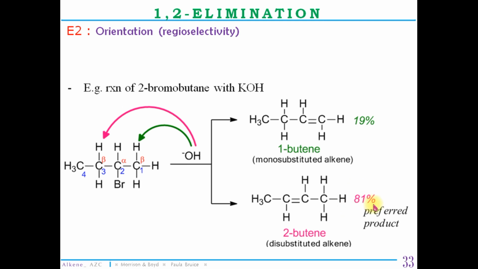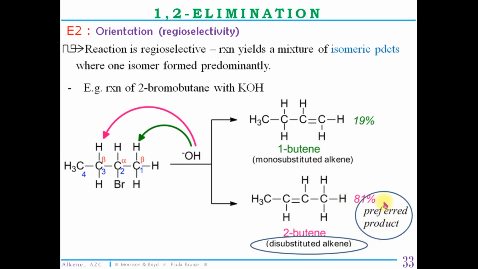The major product is called the preferred product. Here the preferred product is 2-butene, which is a disubstituted alkene, and the minor product is 1-butene, which is a monosubstituted alkene. So here the preferred product is the more substituted alkene, as disubstituted is more substituted than monosubstituted alkene.